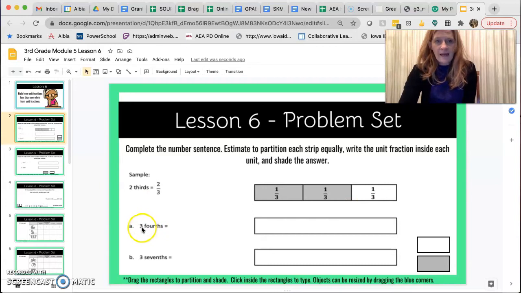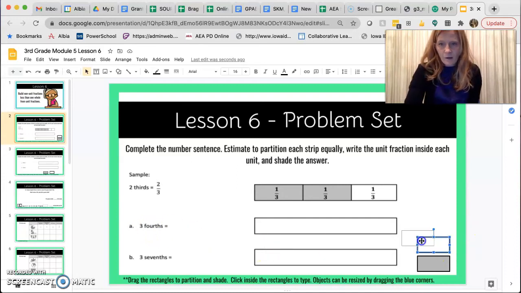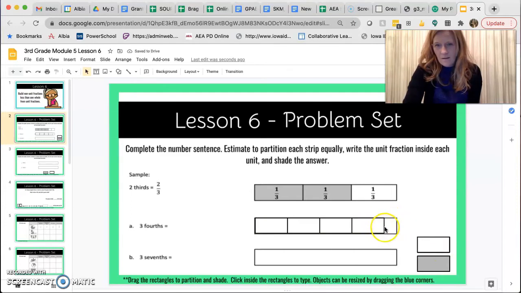So for letter A here, it says 3/4. So I know my unit fraction is fourths. That means I have to make 4 boxes. Looks like I maybe need to make my boxes just a smidge bigger.